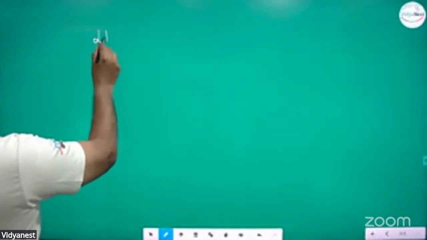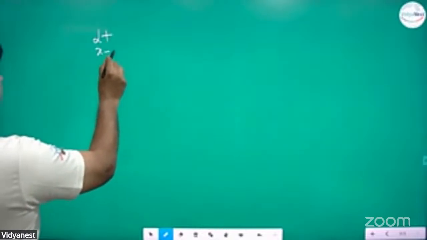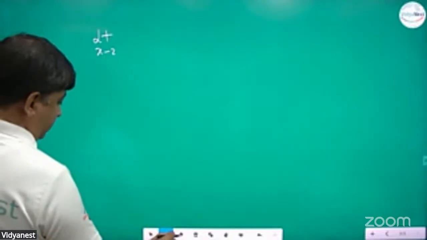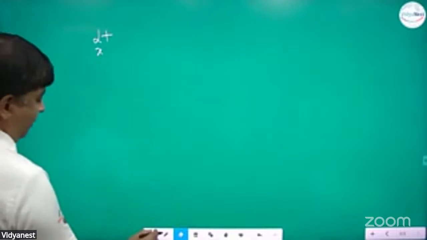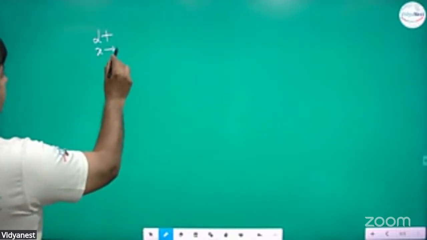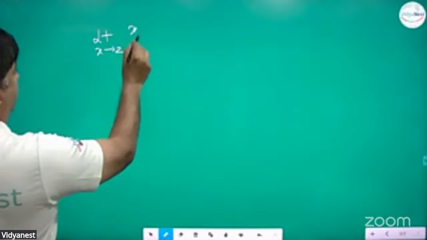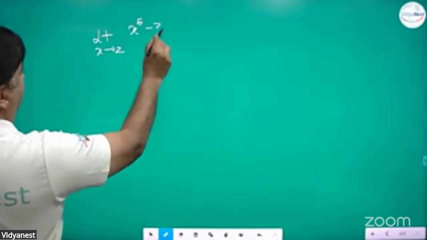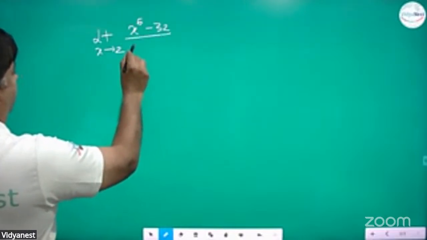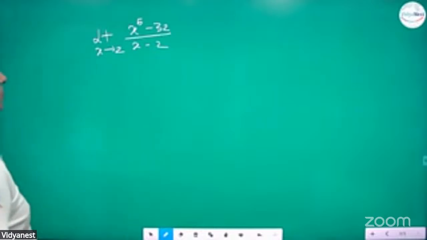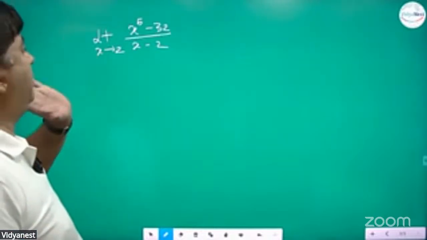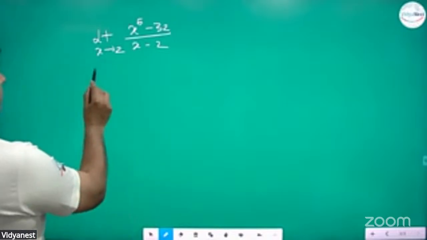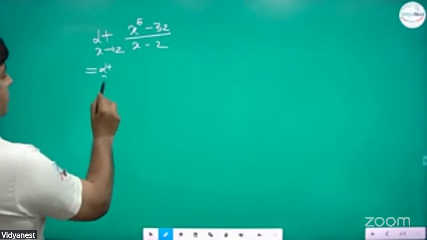Suppose you have got the limit as x tends to 2, a school level sum, of (x^5 - 32)/(x - 2). Okay, so it is a simple school level formula. x tends to 2.